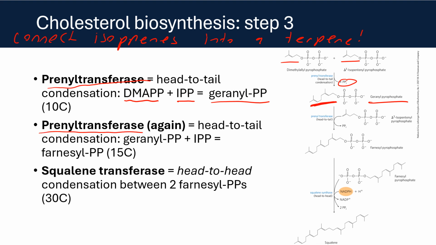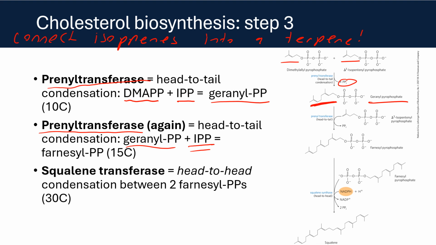prenyltransferase. It's going to keep on working, and it's going to take the geranyl pyrophosphate and stick on another IPP, and it will also do so in a head-to-tail fashion.